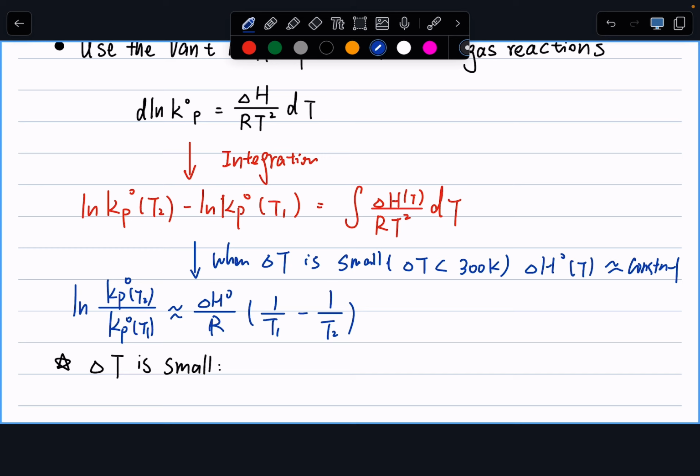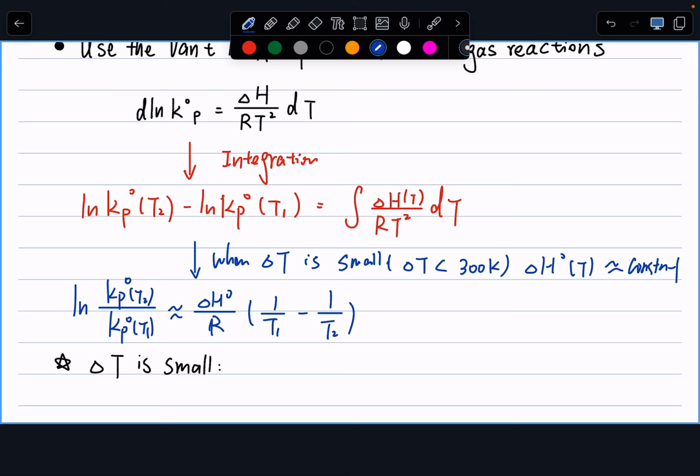When temperature change is big, we need to tell you how the enthalpy of the reaction changes with respect to temperature. Well, we just discussed that back here as we were talking about delta H naught as the integral of Cpm, which is the isobaric heat capacity, dT.